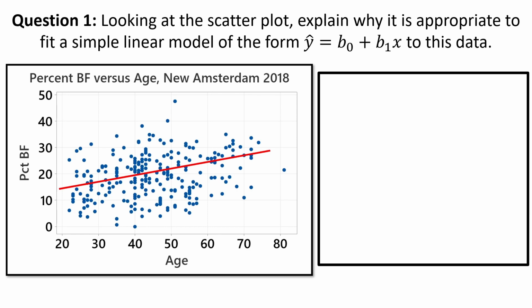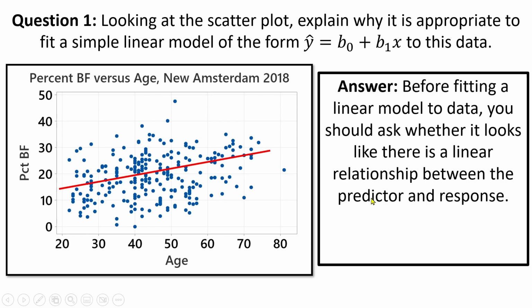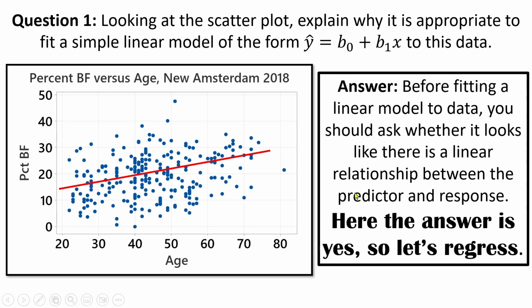And so here, I think we can easily imagine a straight line passing through this data. It does look as if there is a slight upward slope and a linear trend in this data. And so, again, before fitting a linear model, you should ask whether it looks like there is a linear relationship between predictor and response. Here, the answer is yes, so let's regress.